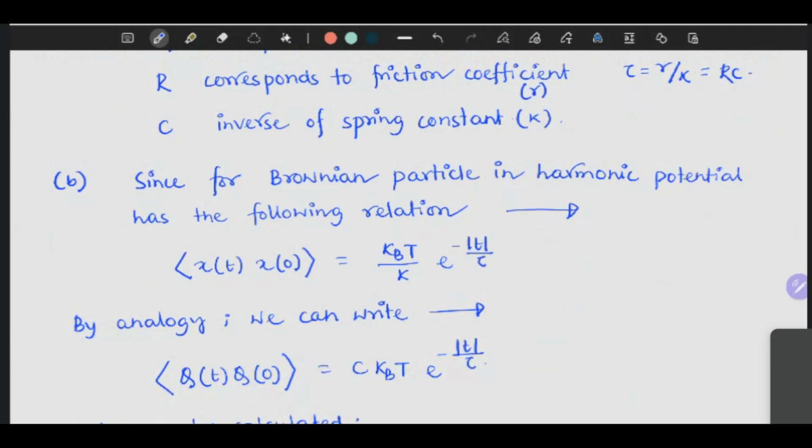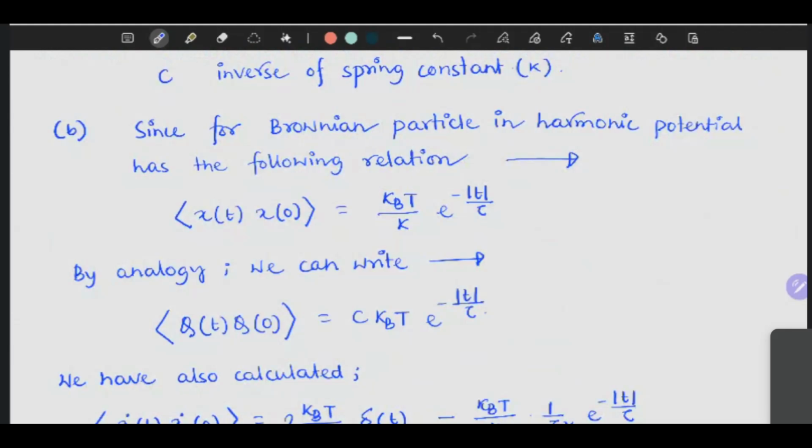Now we will use the relations which we calculated earlier for the time autocorrelation for position, which happens to be kBT by k e to the power minus mod t by tau. By analogy, since the position becomes the charge, the spring constant k is 1 by c, so we substitute that and get the autocorrelation of the charge.